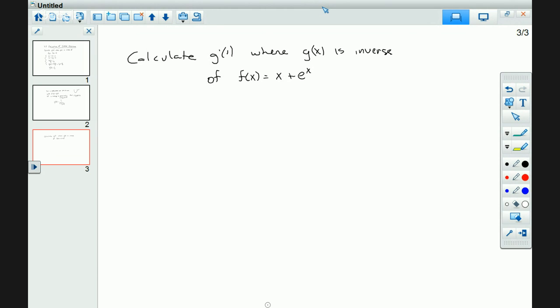The derivative of an inverse. You're not given a whole lot of information. My first thought is, can I calculate the inverse of f? I think you probably could, but here's how much easier it is.